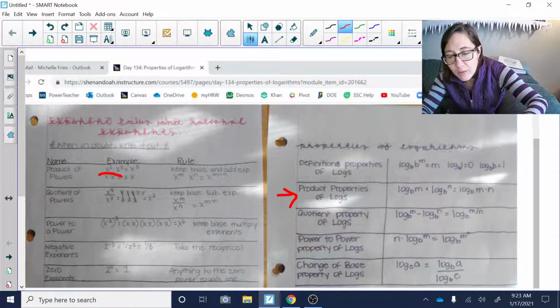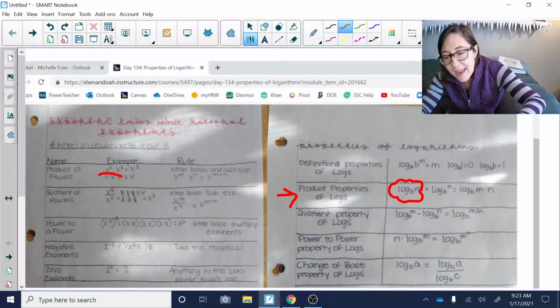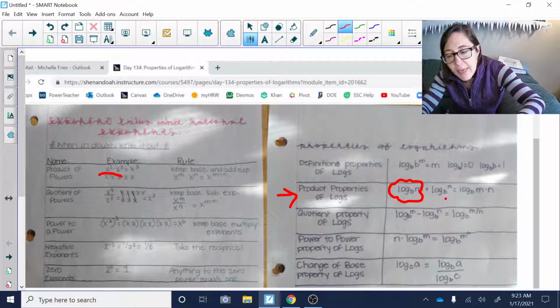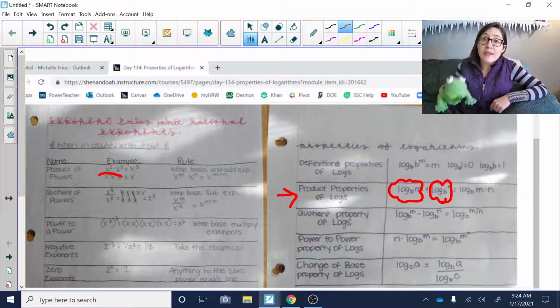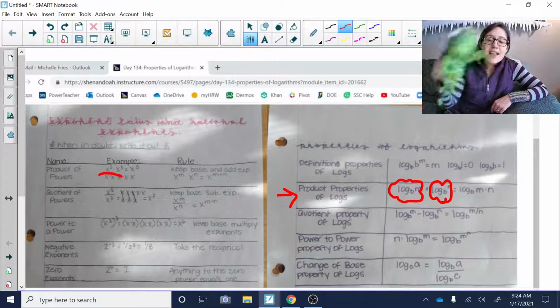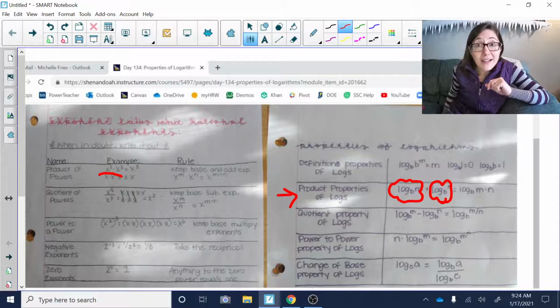So if we look right here, that tells us an exponent. And log b of n, that tells us an exponent. Logarithms tell us exponents. So look between those two red clouds there. Do you see that little plus sign? We are adding the exponents.